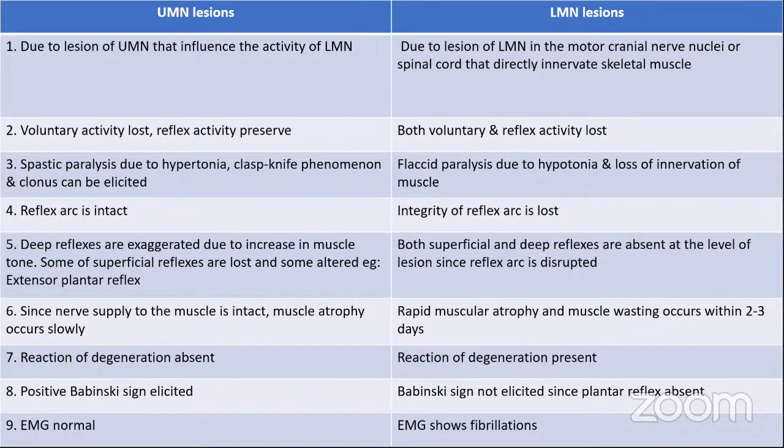Here the lesion occurs in the lower motor neuron that starts from the anterior horn cell of the spinal cord, and the lesion may be anywhere from the anterior horn cell to the termination of the alpha motor neuron in the muscle it supplies.